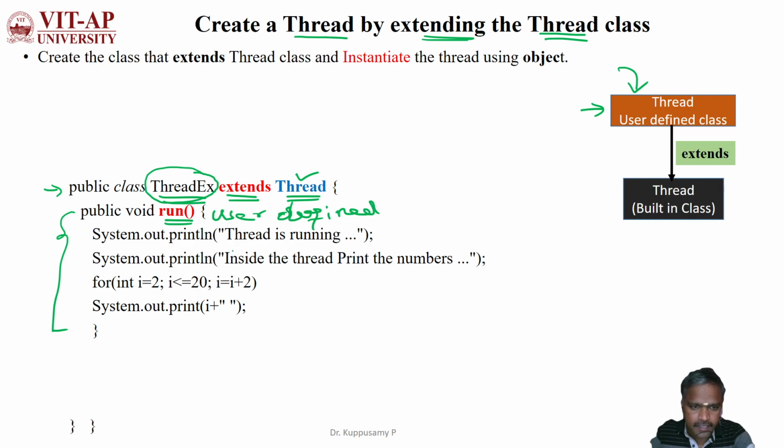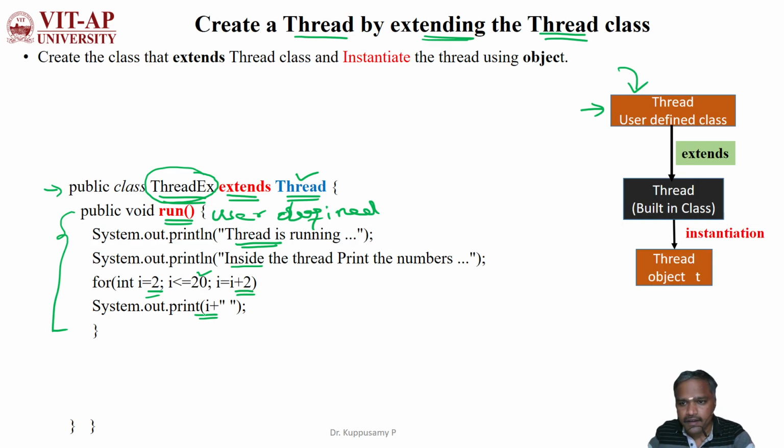The action is just displaying "thread is running". Then inside the thread, print the numbers from 2 to 20 by step 2. Even numbers will be printed from 2 to 20 with space. So this is the action portion to be performed by the newly created thread.